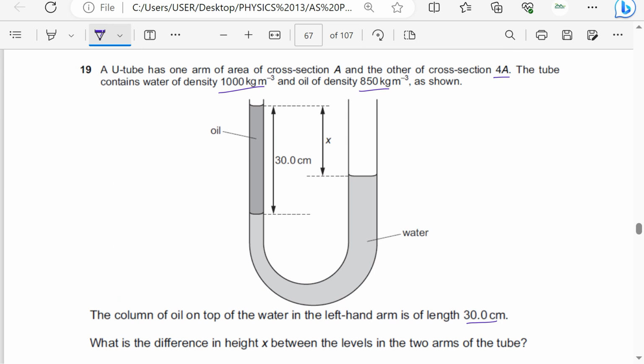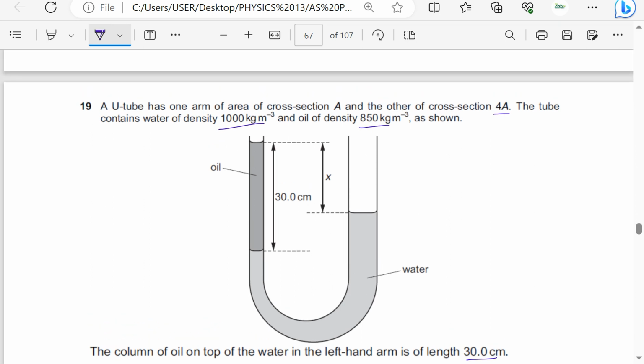Okay, so we can find pressure due to height at the point. I'm going to find the pressure due to the height at the oil-water boundary.